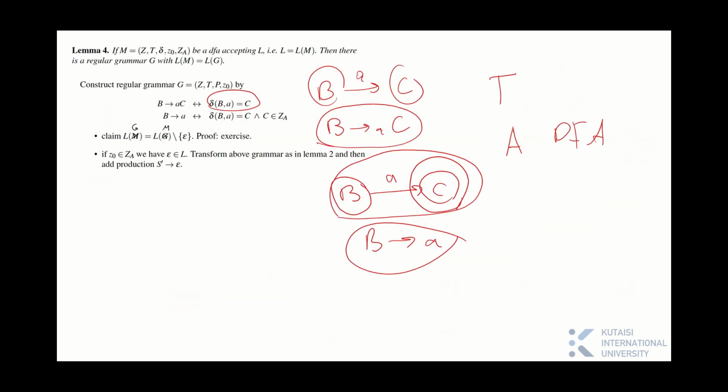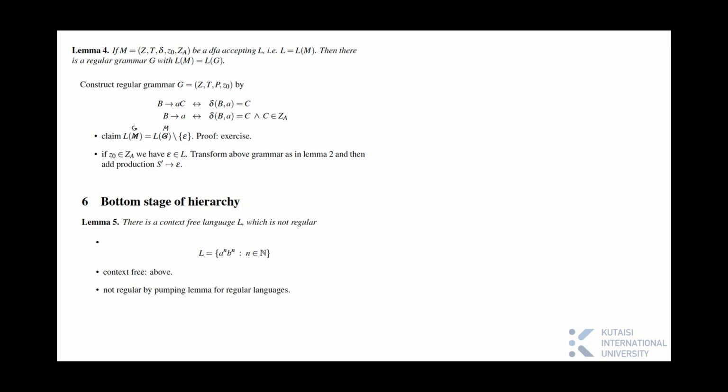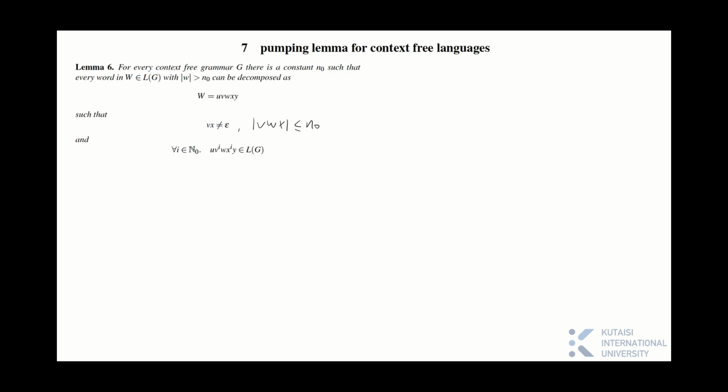So maybe we do this today and we finish. Here is what we have. The bottom stage of the hierarchy is the regular languages, and we know there exists a context-free language, which is not regular. So now we have a pumping lemma for context-free languages.